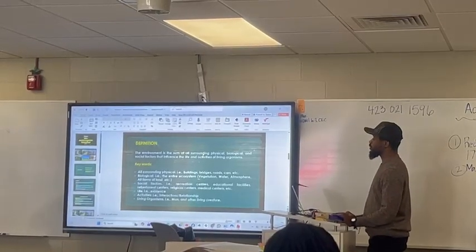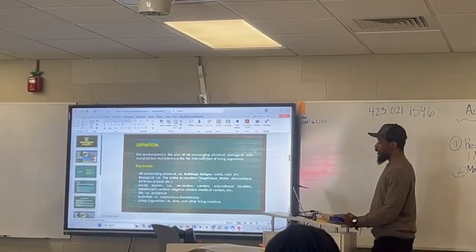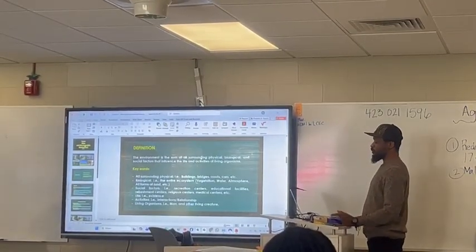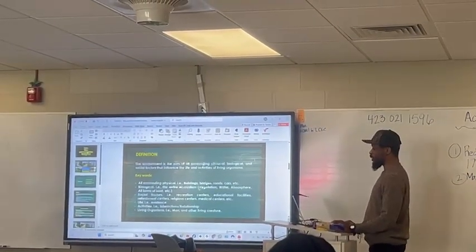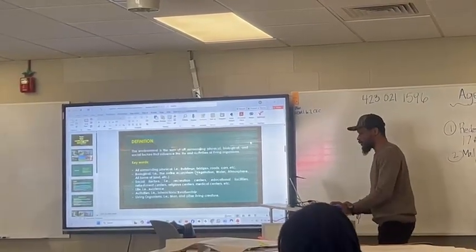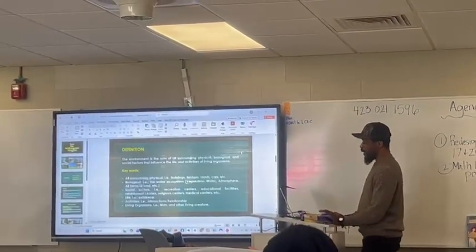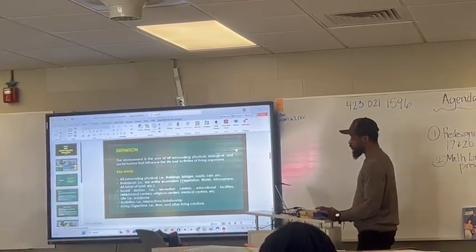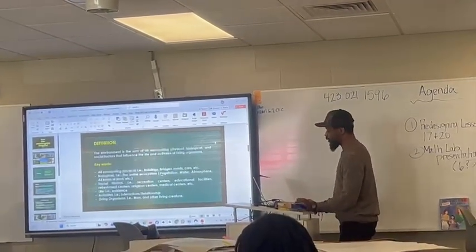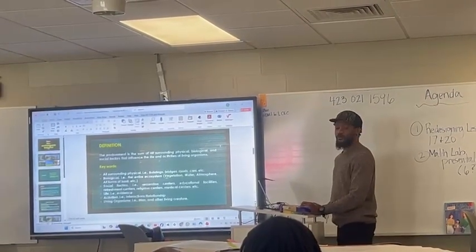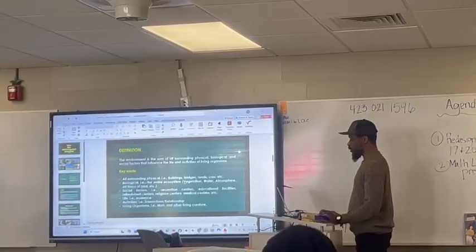There are keywords in this definition. Surrounding physical, that is buildings, bridges, roads, cars, etc. Then we have the biological, which means the entire ecosystem that comprises vegetation, water, atmosphere, and all forms of land, and so on.